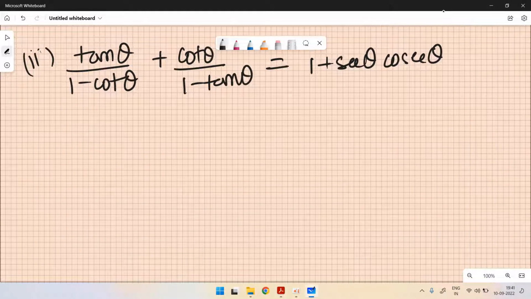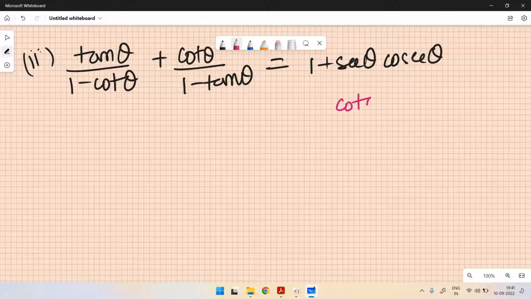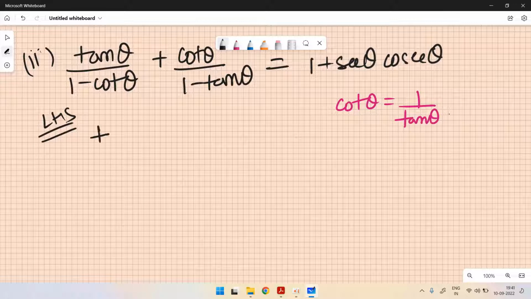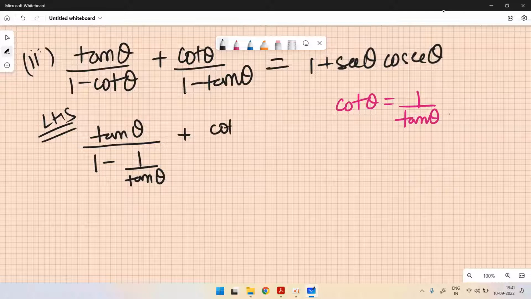Now you know that cot theta equals 1 by tan theta. So if I substitute this, I'm taking LHS only. This tan theta by 1 minus 1 by tan theta, plus cot theta by 1 minus tan theta.